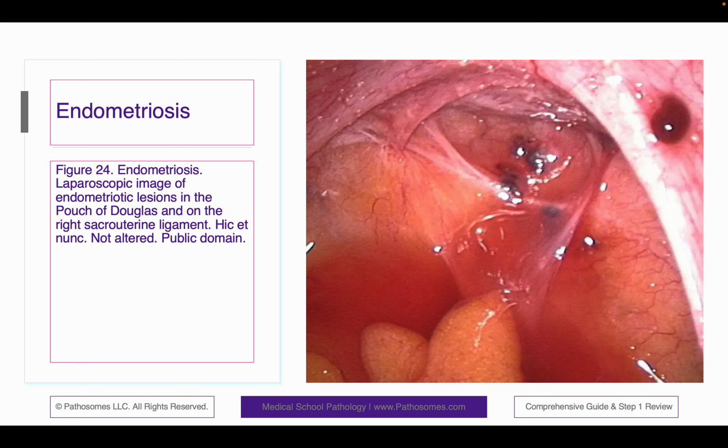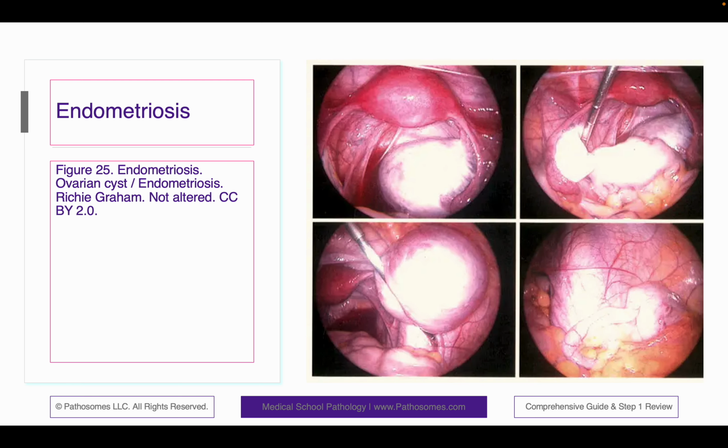And here, in the pouch of Douglas, on the right sacrouterine ligament, we can see the endometriotic lesions. And here, we have a surgery undergoing for a patient that was experiencing an ovarian cyst and endometriosis.